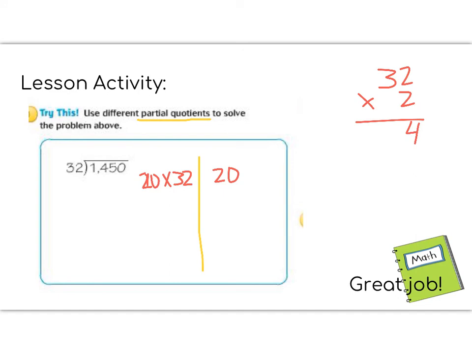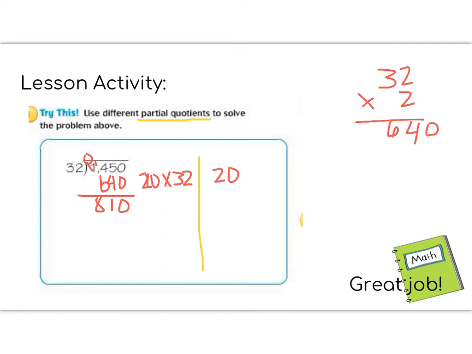And 2 times 3 is 6, and then add a 0. So we're going to subtract out 640. 0 minus 0 is 0. 5 minus 4 is 1. 14, right, because we got to borrow. 14 minus 6 is 8, and I'm left over with 810.